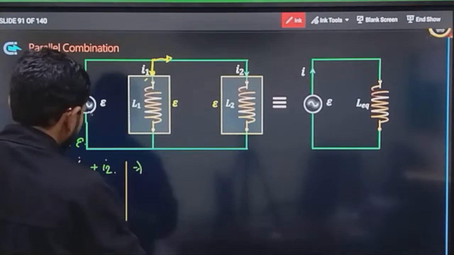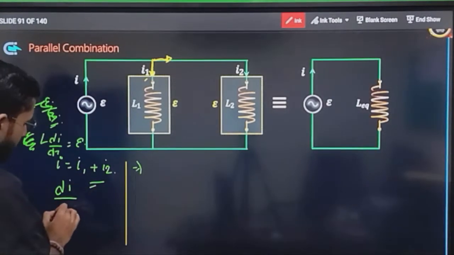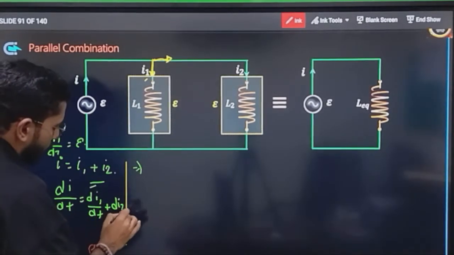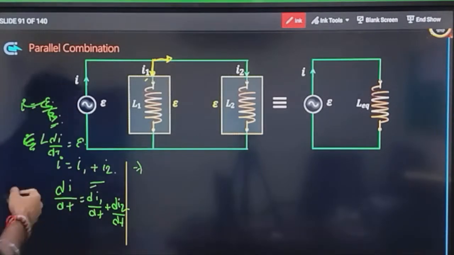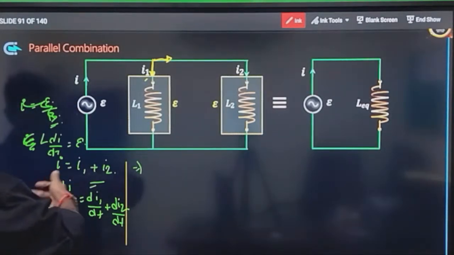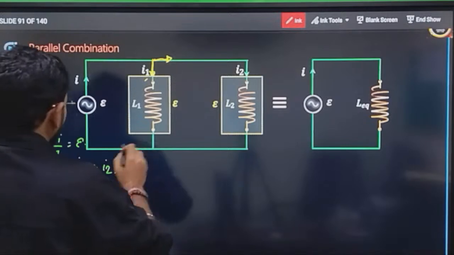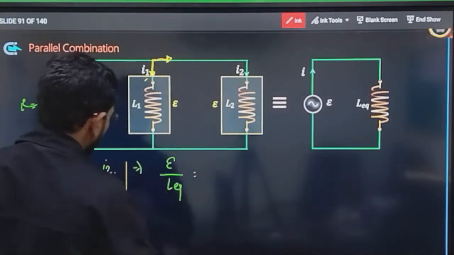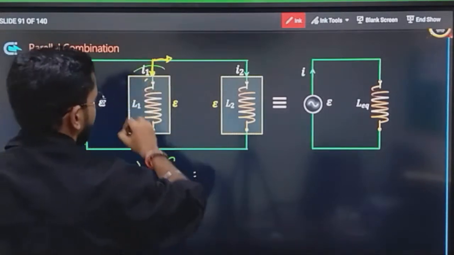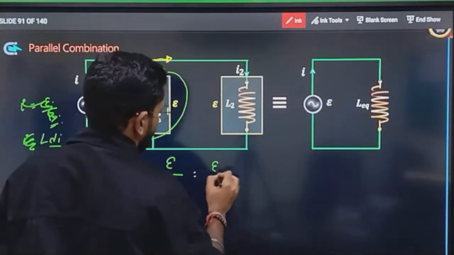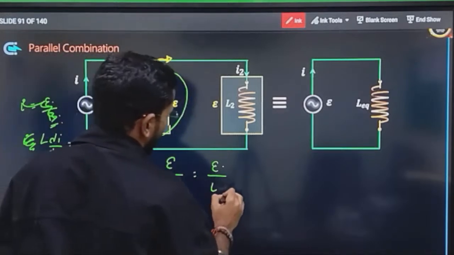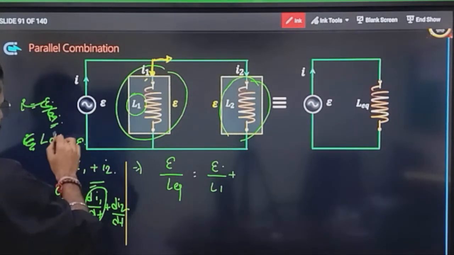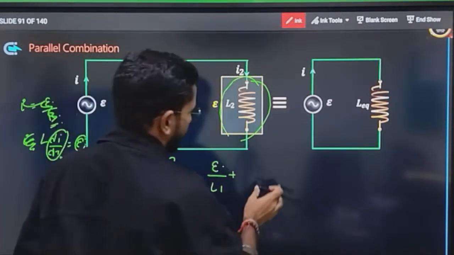I can differentiate this equation and write di by dt equals di1 by dt plus di2 by dt. I will write in terms of di by dt because we know that term. So di by dt is equal to E by L equivalent, which is equal to di1 by dt, where the potential difference is E and the inductance is L1, plus di2 by dt, which is EMF divided by the inductance.